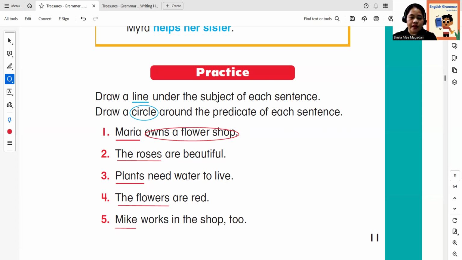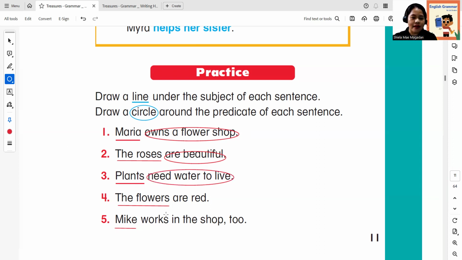Number two, the roses. The verb there is are. Beautiful is an adjective. If you combine them, it becomes the predicate, are beautiful. Sorry, my circle is not really that good, but let's proceed. Number three, plants need water to live. Do you know already what the predicate is? So let's put a circle.